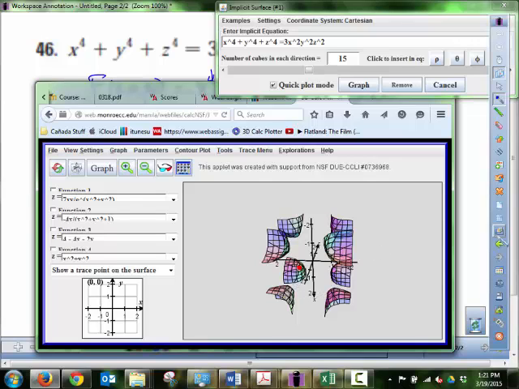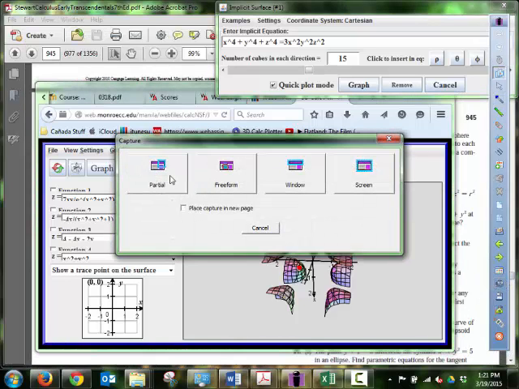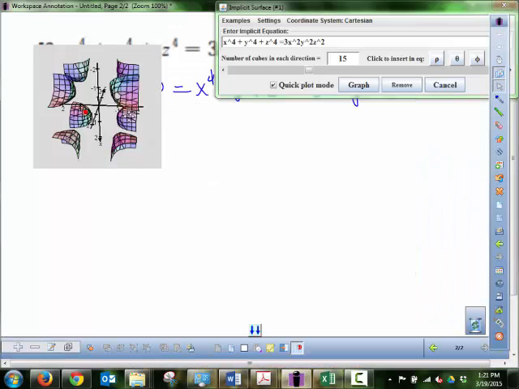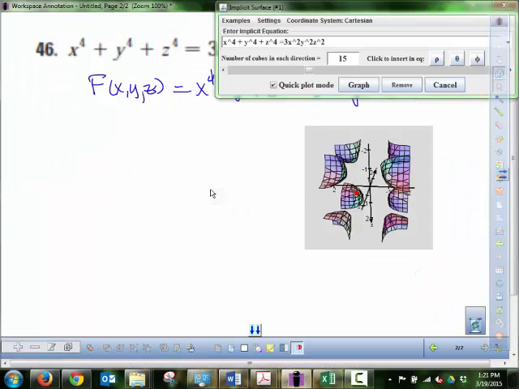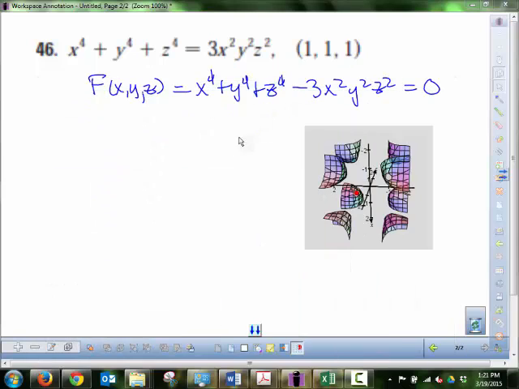Okay, so this is our graph. I can't just hide this, I just have to get rid of it.